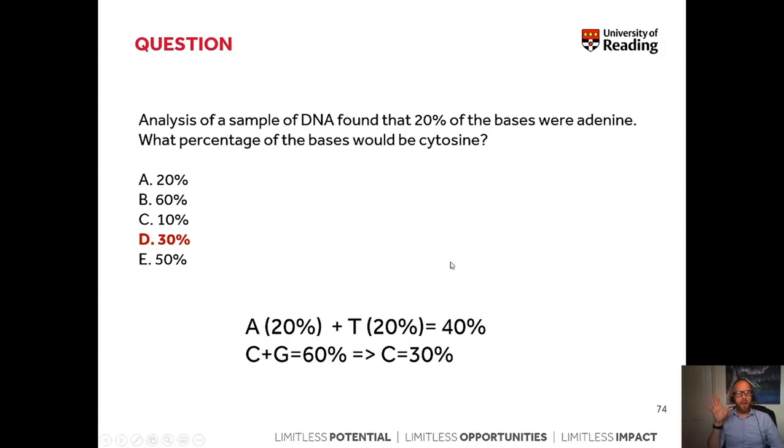To get 100%, we now need to have the whole molecule as 100% and subtract 40 from 100. Then we end up with 60. If we divide it by 2, then we end up with 30%, because the amount of C and G is always the same.